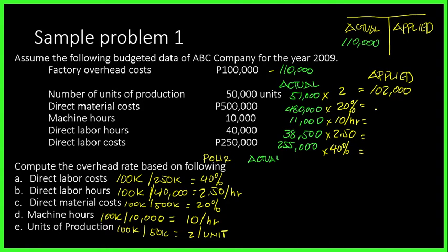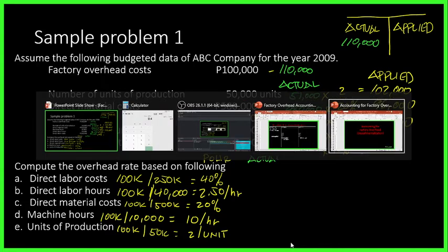480,000 times 20%. That will be 480 times 2, that's 96,000. Okay, times 10, this will be 110,000. 38.5 times 2.5. Ito, hindi na kaya to ng powers ko. Okay, so let's go to our calculator.